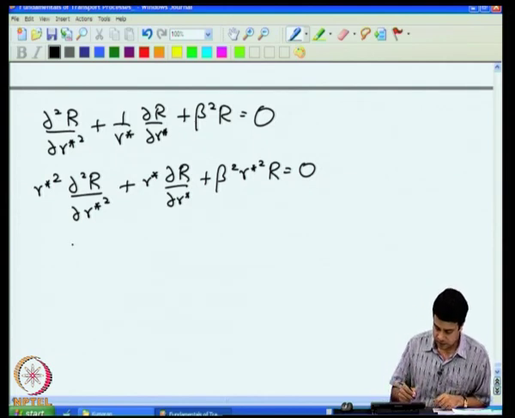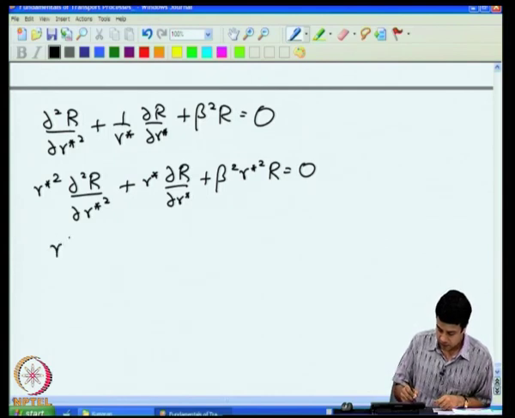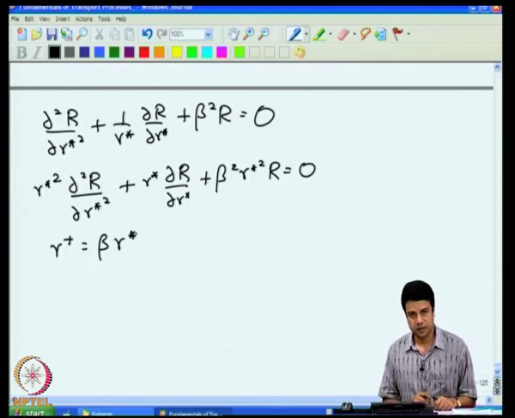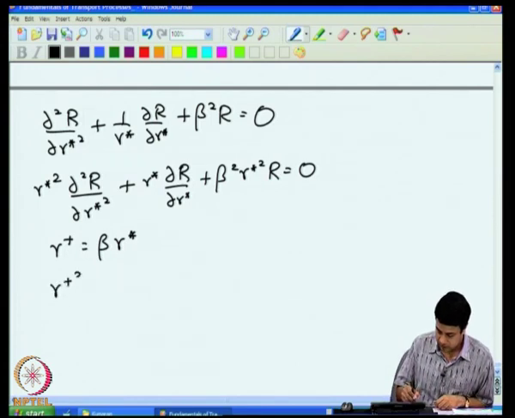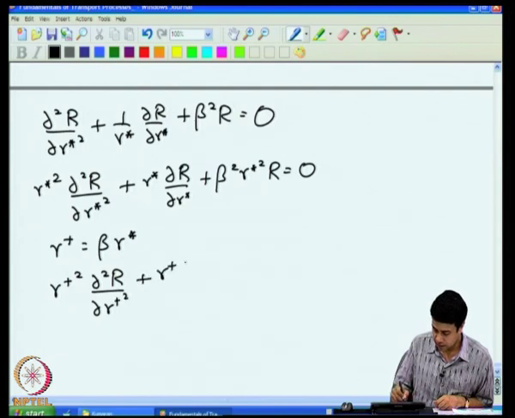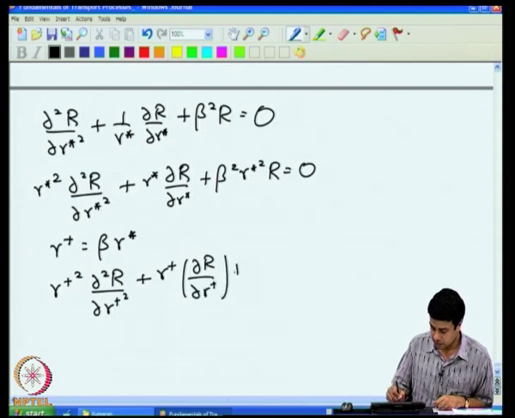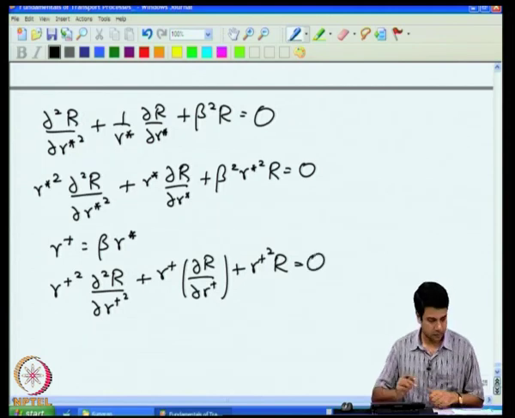Therefore, I can make the substitution r plus is equal to beta times r star, and then I will get an equation in terms of r plus as r plus square d square R by dr plus square plus r plus dR by dr plus r plus square R is equal to 0.